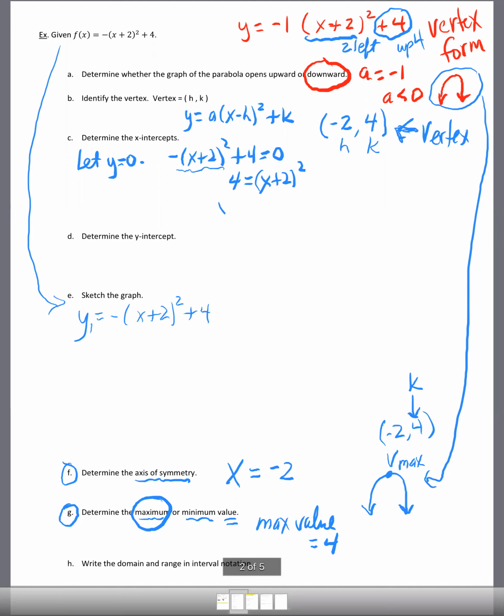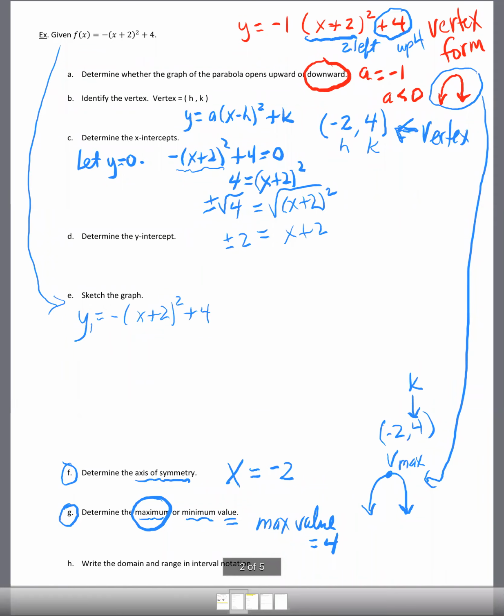So if I take the square root of 4, remember two answers are going to form. If you take the square root of a square, then you end up with x plus 2. On the left side, the square root of 4. 4 is a perfect square, so that's plus or minus 2.